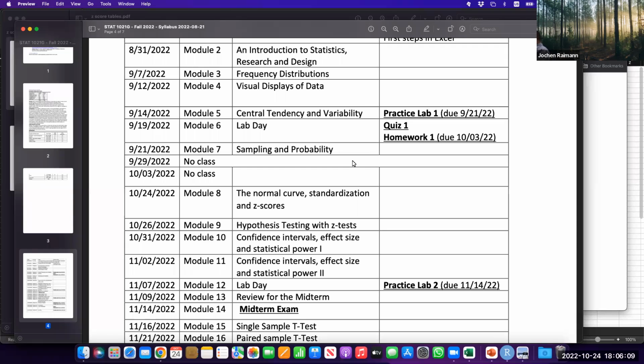And the next week, we're dedicating the 2 lessons to confidence intervals, effect size, and statistical power, which is a continuation of the hypothesis testing. And then we're going to do a lab day, which also allows us to look at use cases of hypothesis testing and confidence intervals. And then we're going to do a review session on the 9th, and then on the 14th, we have the midterm.